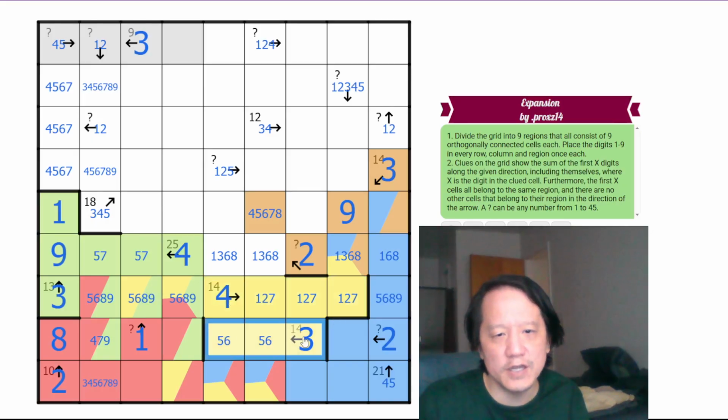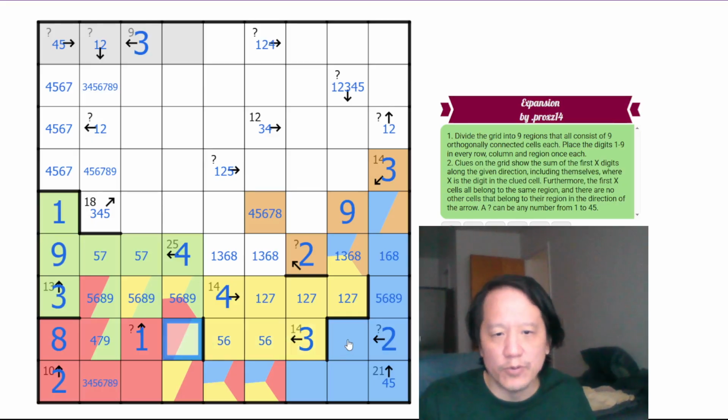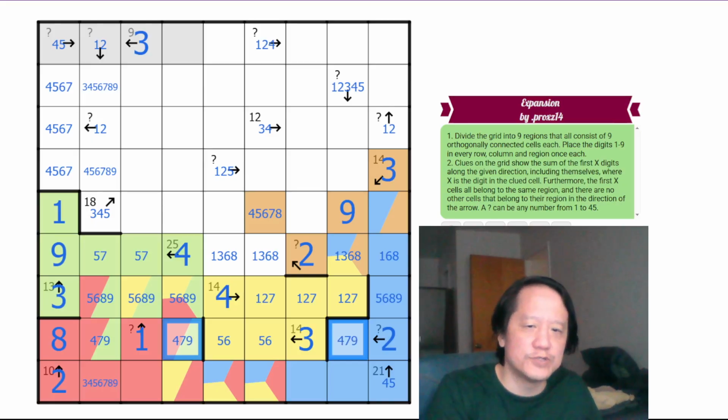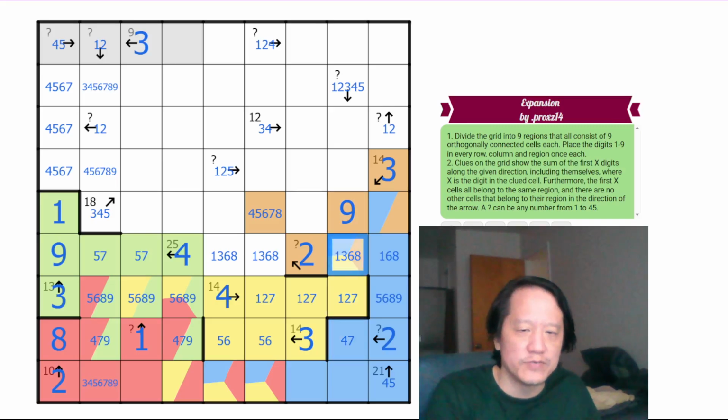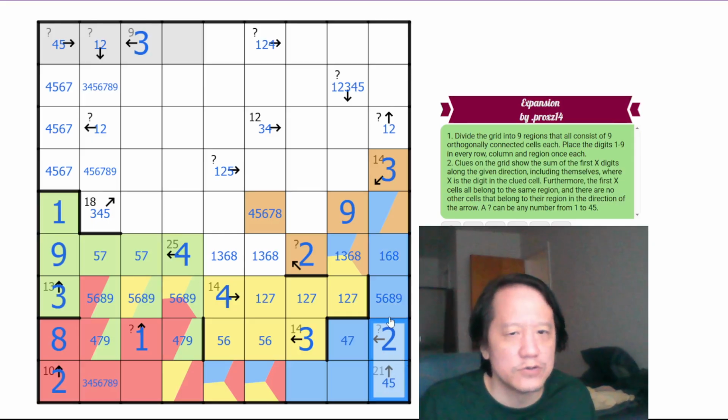We have just 8 and 9 remaining for yellow. Remaining digits in row 8 are 4, 7, 9. No 9 here because of 9 in the column. Can it be 4 digits adding up to 21 here? Yes. Still could.